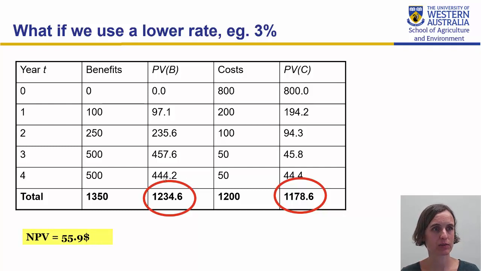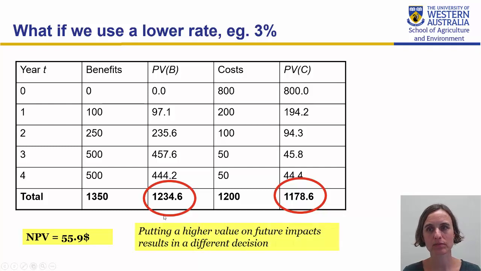Why is that? Well, because we don't discount these large benefits in the future as much. So overall, there's a net benefit over time, and at this discount rate of 3%, we should undertake the policy.